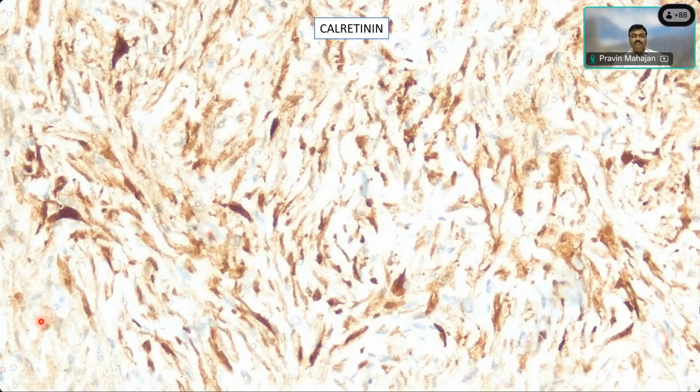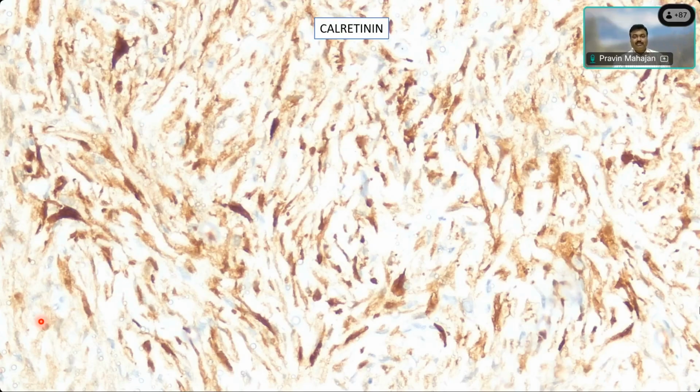Similarly, when we say something is neuroendocrine, you don't do only synaptophysin, because it can come positive in other tumors also. So you do synaptophysin, you do chromogranin. If needed, you can do CD56, you can do INSM1. So you prove that there are two markers positive. That is then of that certain lineage.